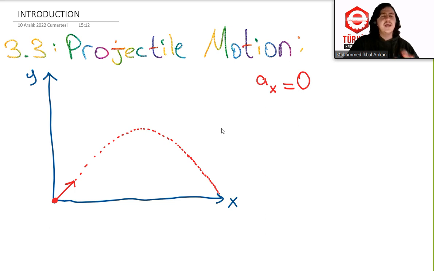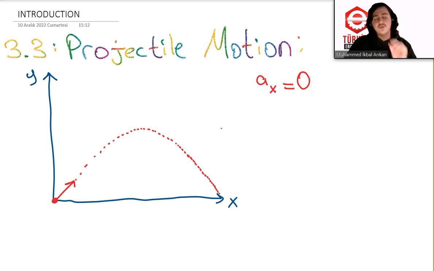Actually, it's not happening in the real case. We are not in a vacuum, so we have air, right? When you throw something, you will have air resistance, which is drag force. But in our applications, to simplify projectile motion examples, we will assume that air resistance is neglected. So air resistance will be just 0. There is no air resistance and no drag force, so I will neglect this drag force.